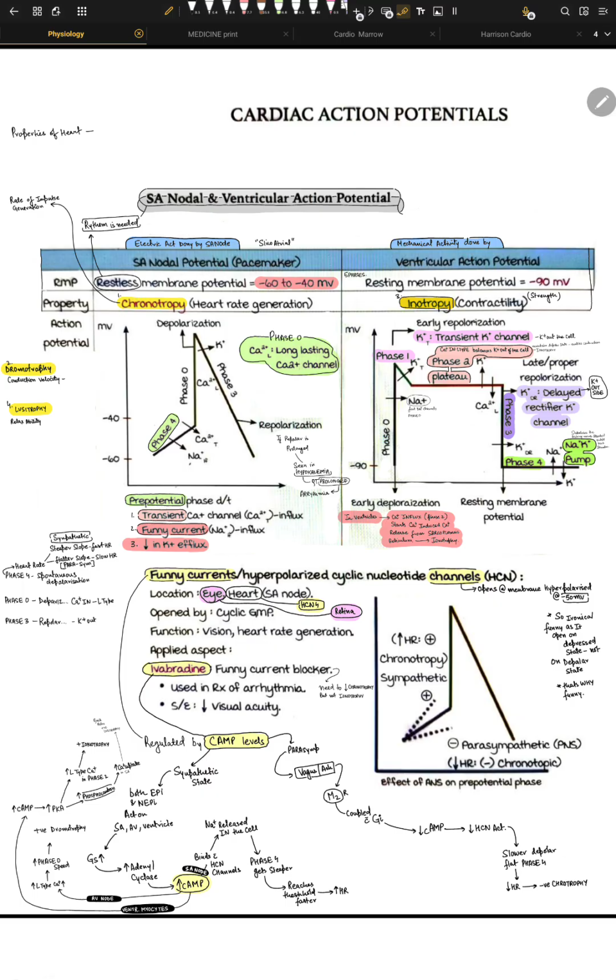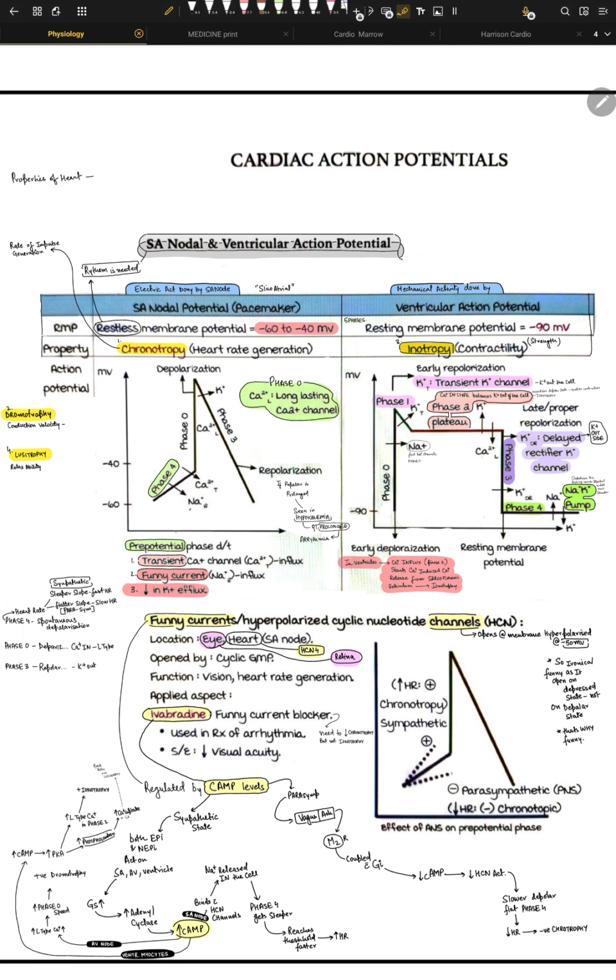For example, every living cell has a resting membrane potential, because every cell has some sort of ionic balance. It's possible that you may have more positively charged ions or more negatively charged ions.